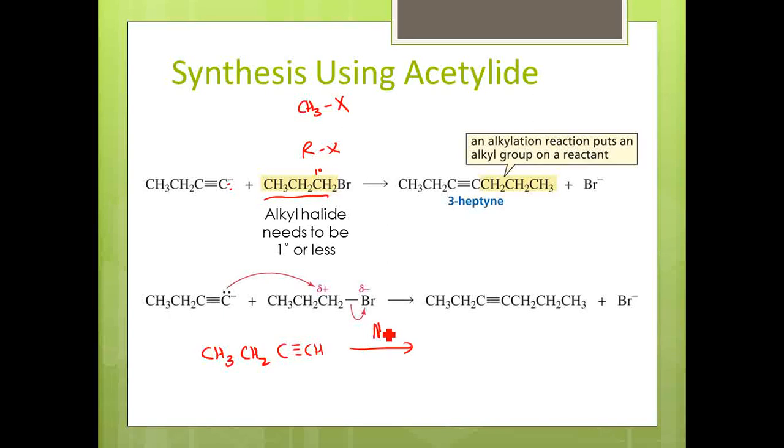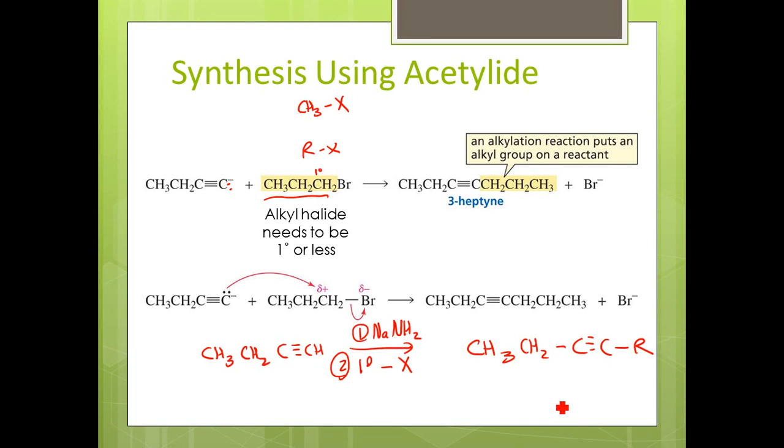So we're going to see something kind of neat. What we're seeing is we're going to do all these always in a two-step process. We'll start with a terminal alkyne. And our first step would always be the same. We're going to add some sodium amide. It's the base of choice to deprotonate a terminal alkyne. And then we're going to have a primary alkyl halide that's attached to a halogen.